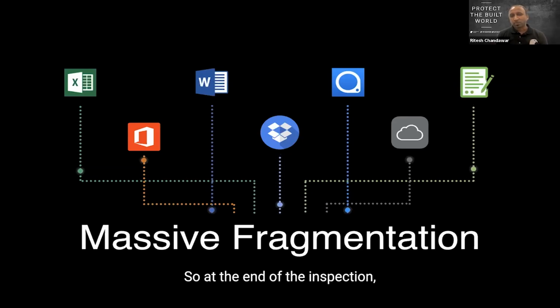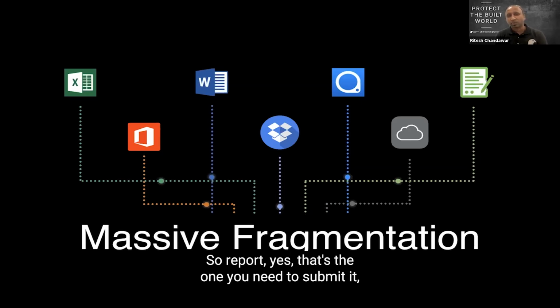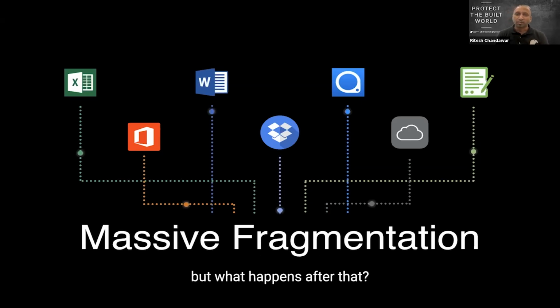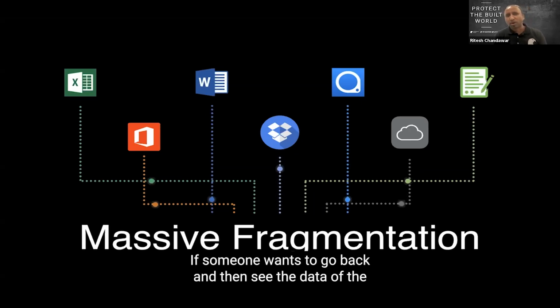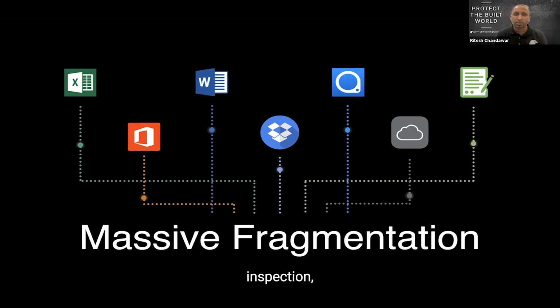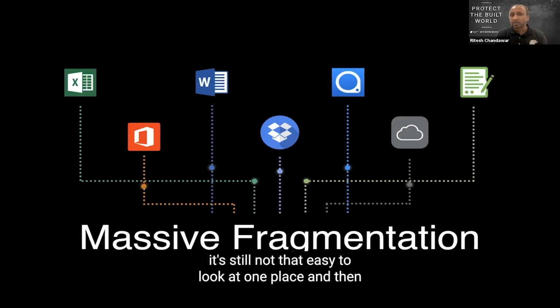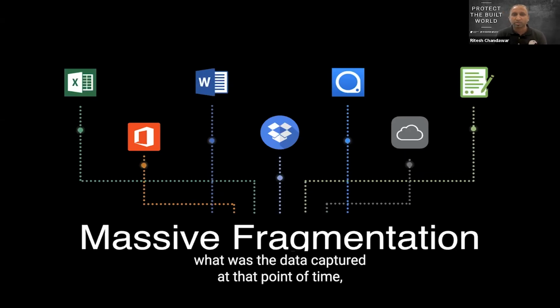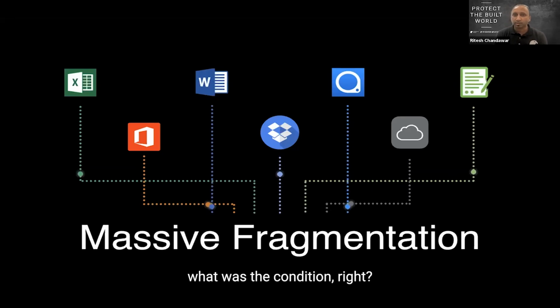At the end of the inspection, the report is not the only thing. The report, yes, that's the one you need to submit. But what happens after that? If someone wants to go back and see the data of the inspection, it's still not easy to look at one place and see how the inspection was done, what data was captured at that point in time, what the condition of the asset was.